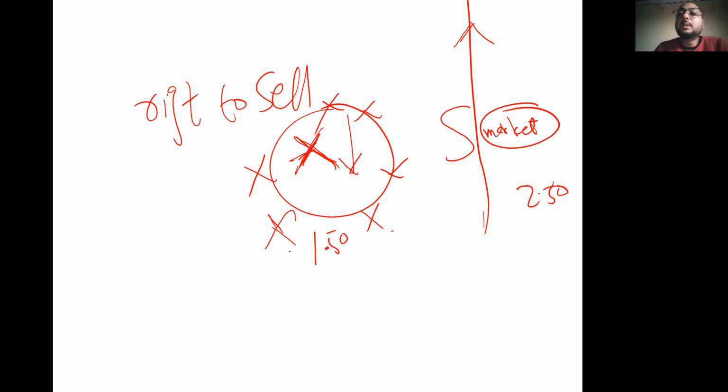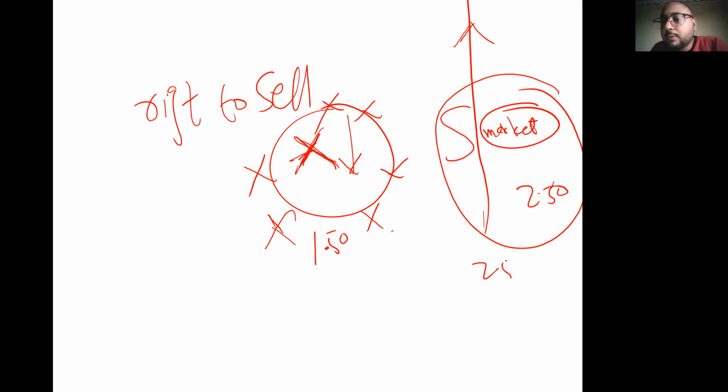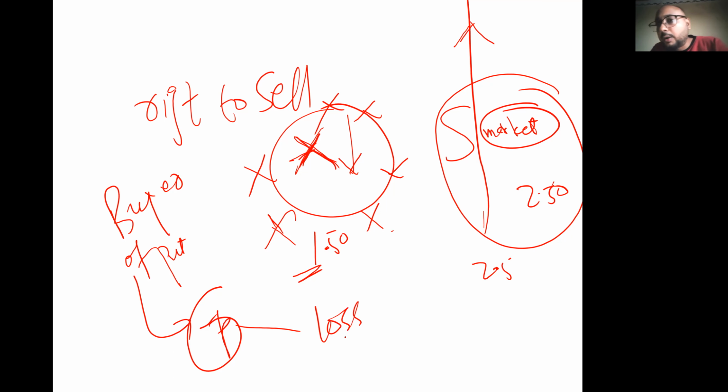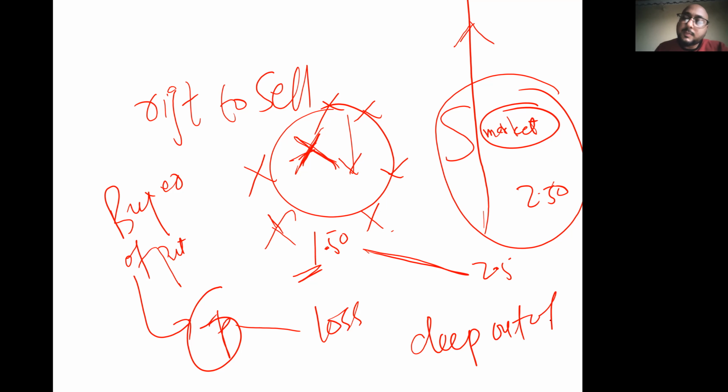He will directly sell in the market for 2.5 rather than 1.5. But since he is a buyer of the put, he already paid the premium, and that is his loss. When the difference is this huge, we call it deep out of money.